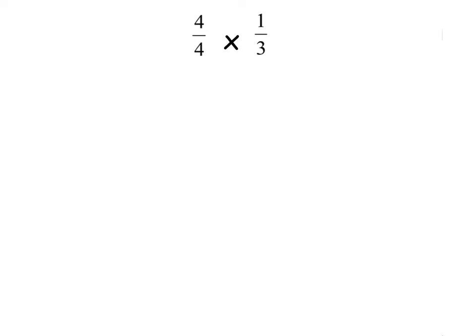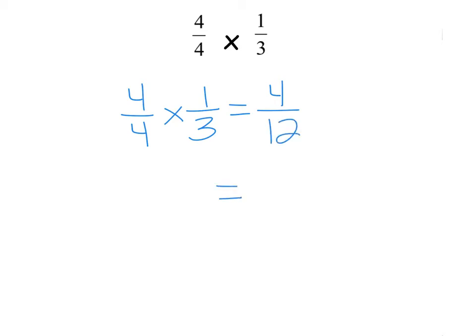So now we have 4/4 times 1/3. Well, let's multiply. 4/4 times 1/3. 4 times 1, my numerator is 4. 4 times 3, my denominator is 12. But let's simplify.